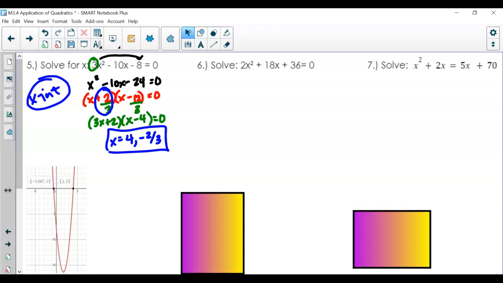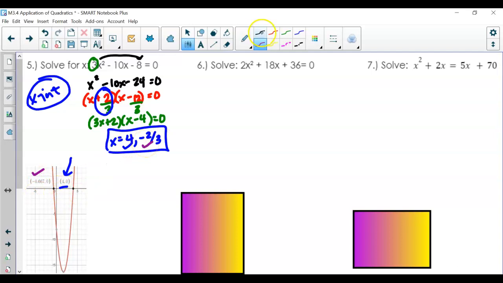We're using the x-intercepts. Notice what the x-intercepts are. One of them was here at positive 4. Now, you're not going to get a fraction, but notice it's negative 0.6 repeating. So if you were to put 2 divided by 3 in your calculator, this would also match. So notice how in the end, we're just solving for the x-intercept.